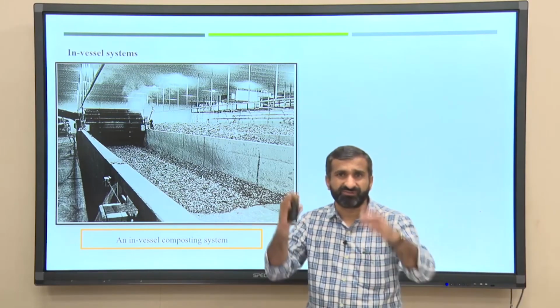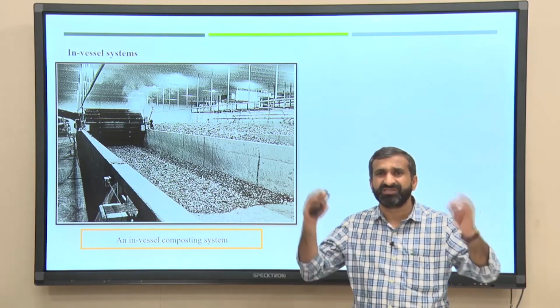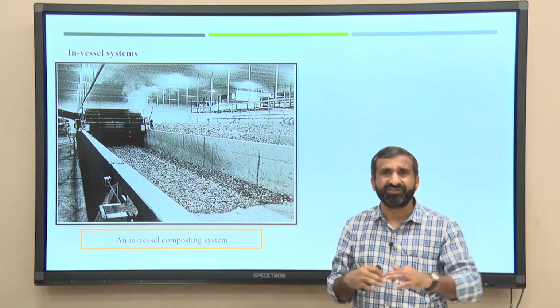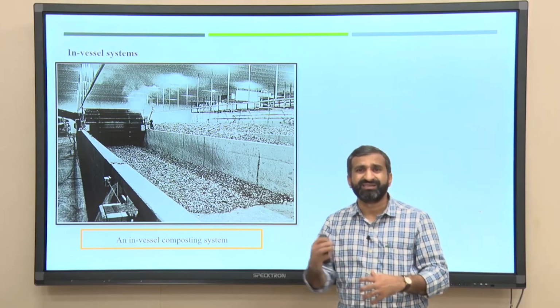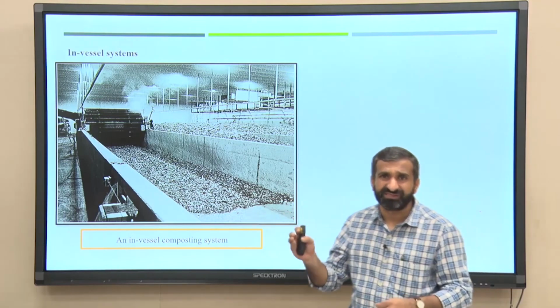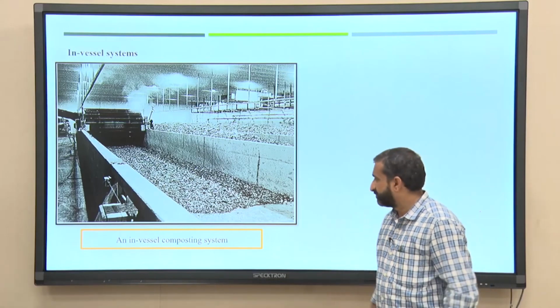If the entire process is in a vessel, there will not be much climatic issue for the degradation process, and in the rainy season it will not be much affected, because it is inside the vessel.